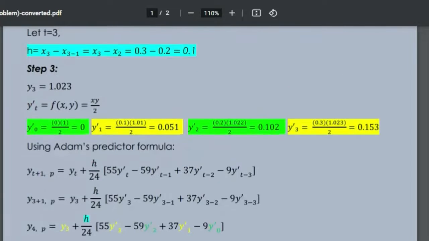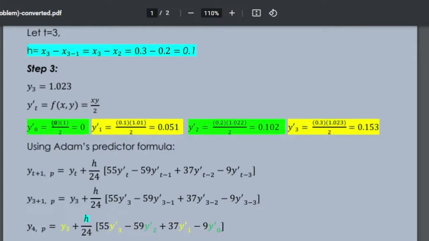So here, guys, that is what we have done in step 3. For y prime sub 0, x sub 0 times y sub 0, that is 0 times 1 over 2 equals 0. Here, guys, only three decimal places will be used for the predictor.